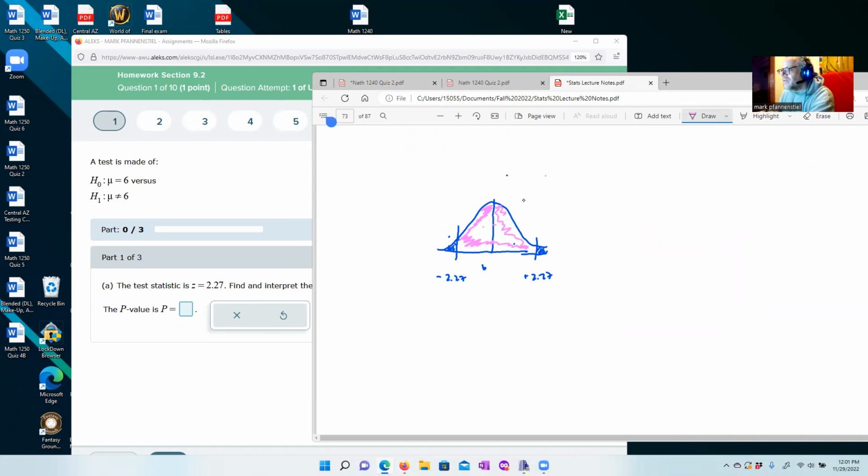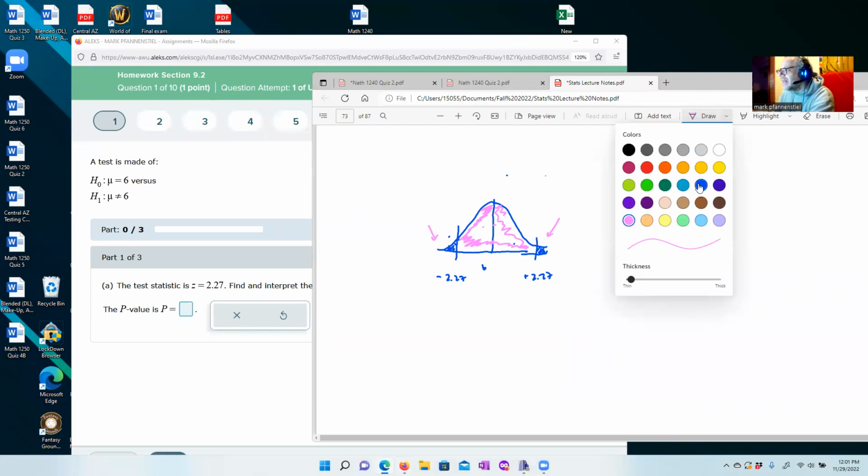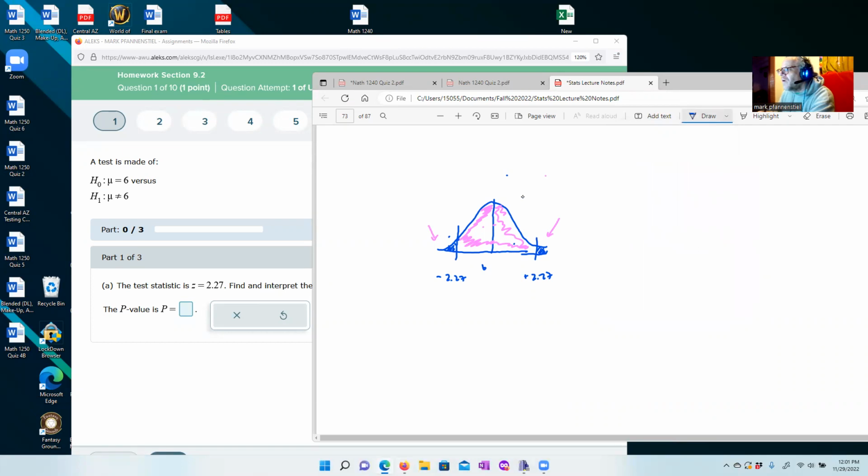What's another way to do that rather than calculate this area and calculate that area? What we can do is say 1 minus normal CDF between negative 2.27 and positive 2.27.